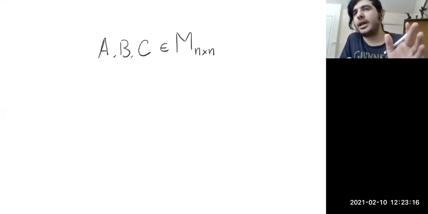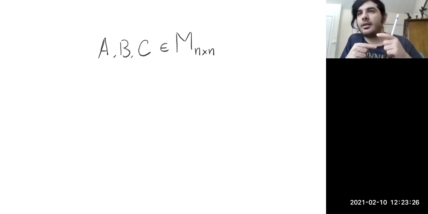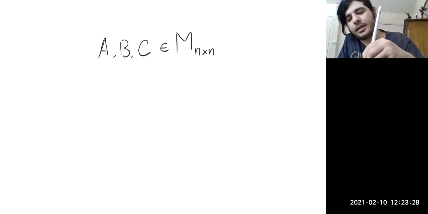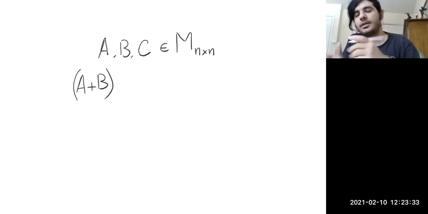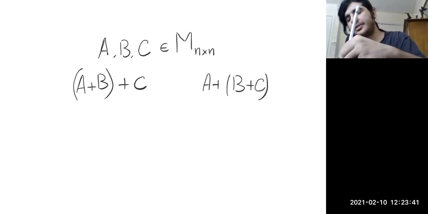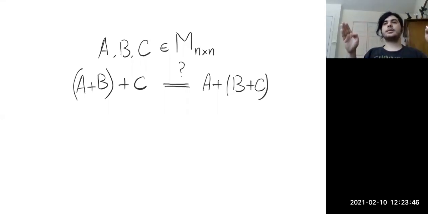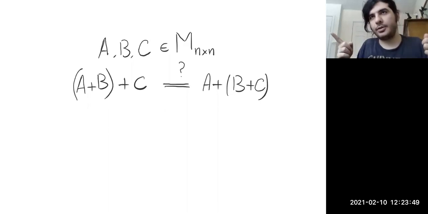Actually, it doesn't need to even be n by n. It can be n by m. Doesn't really matter. Let's take three matrices. We defined the sum of two matrices. So we can look at A plus B, then plus C. Also, we can look at B plus C, and then A plus that. And I should show these two matrices are equal. That's the first part of the proof.